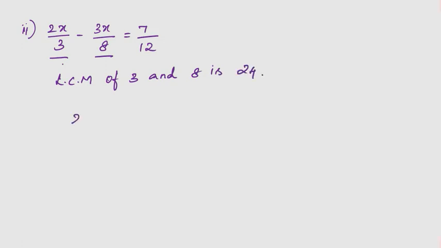Look at the first term, 2x divided by 3. We should multiply the denominator by 8 so that we get 24, so we should multiply the numerator also by 8. Then minus 3x by 8: 8 multiplied by 3 gives 24, so multiply the numerator also by 3, which is equal to 7 divided by 12.